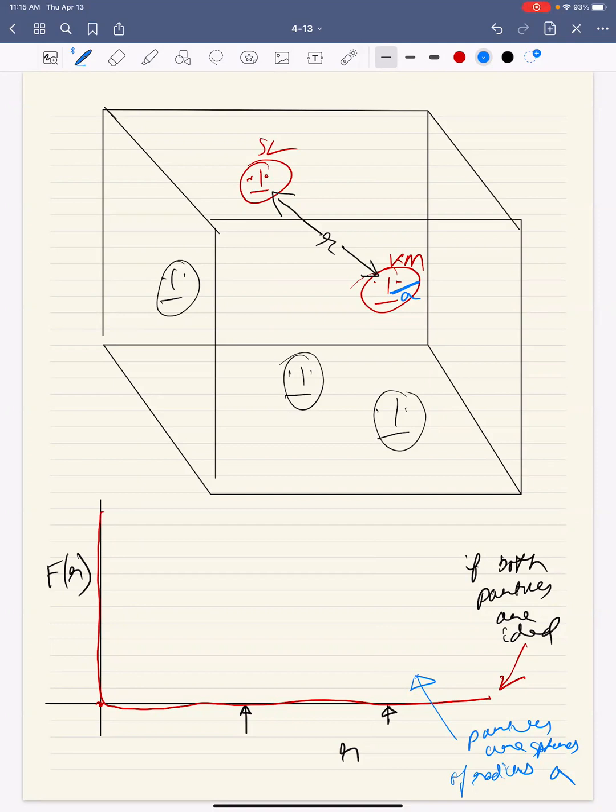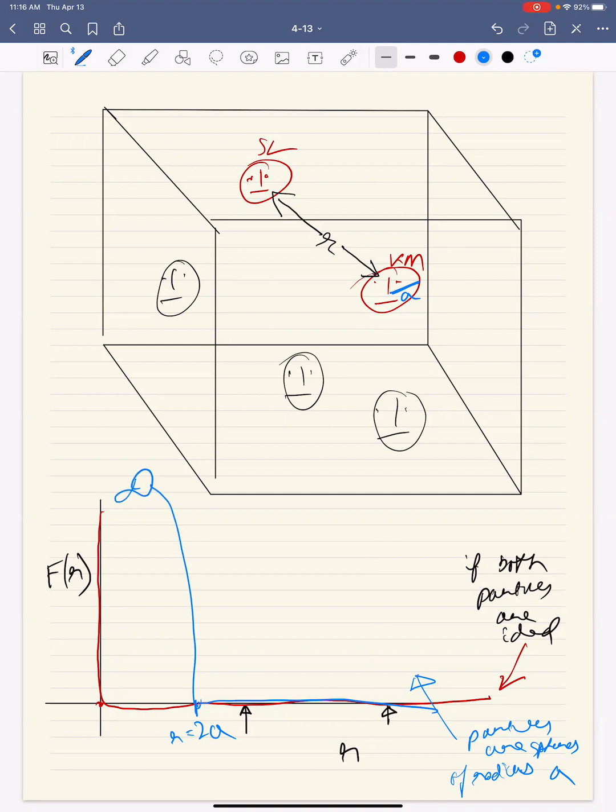If R is less than 2A, the force will be infinite, right? If R is more than 2A, they are again oblivious. They don't talk to each other. So it looks similar, but at R equal to 2A it drops to 0, and before R equal to 2A, it's infinity.